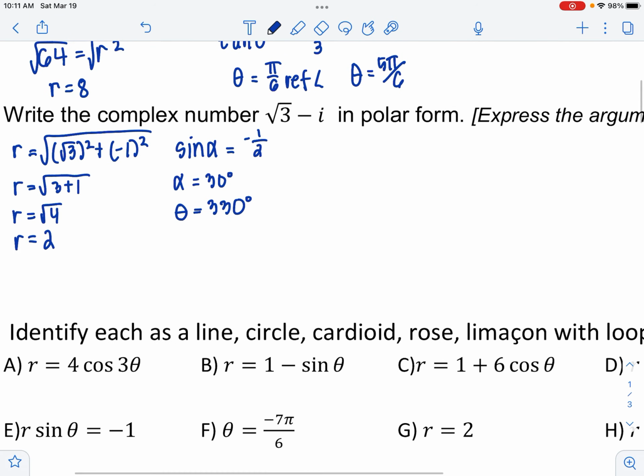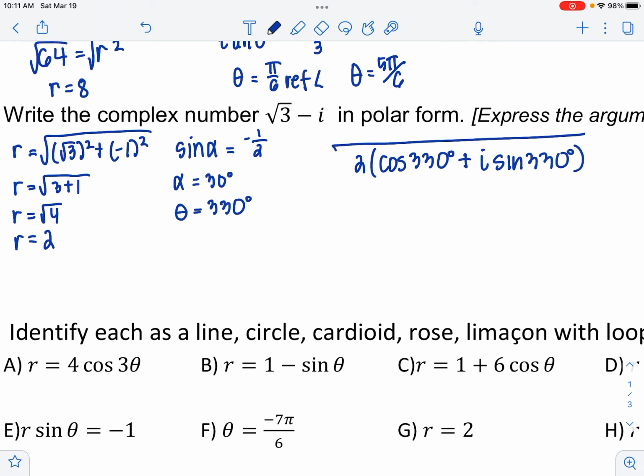So now I can write my answer. This is not a coordinate, so you are not writing it as an ordered pair. It is a number. So we are writing it as a complex number. You can write it in cis form, or you can write it the long way. So there's two ways you can write your answer. You can write 2 cosine of 330 degrees plus I sine of 330 degrees.